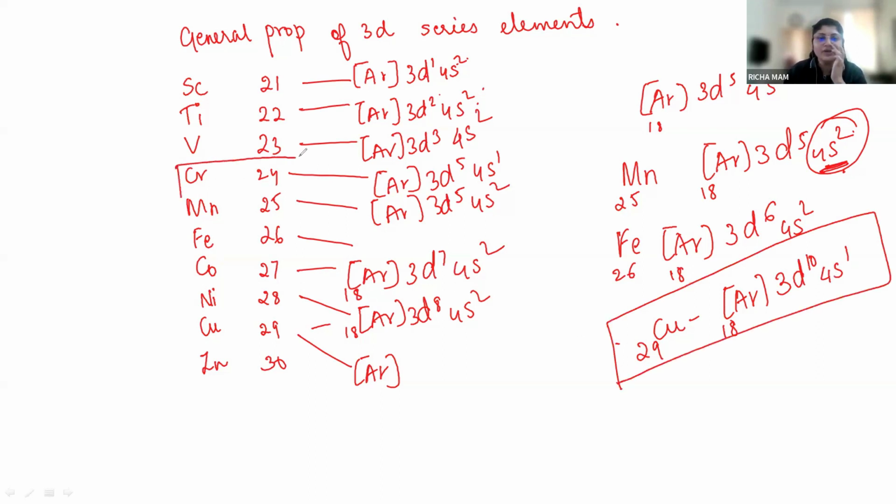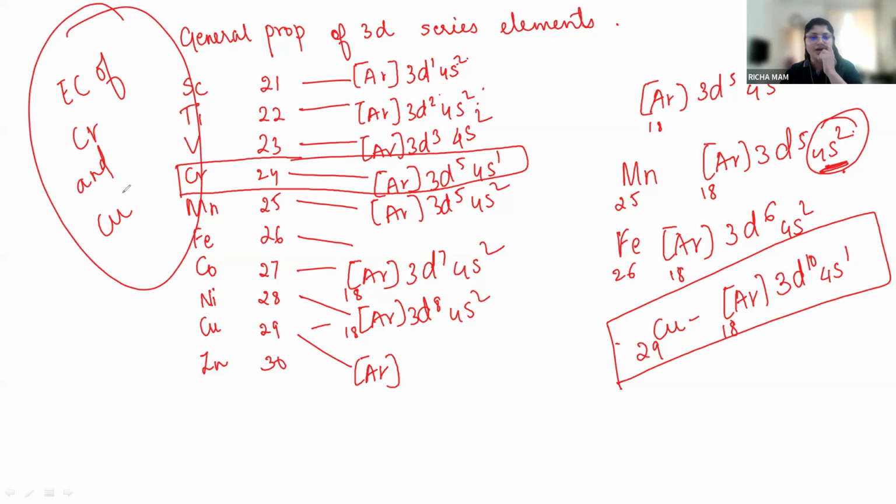So the electronic configuration of chromium and copper, they ask you. This is very important. Mark this important. It will change. When you are filling the electrons, it will look at stability, so d5 system and d10 system.